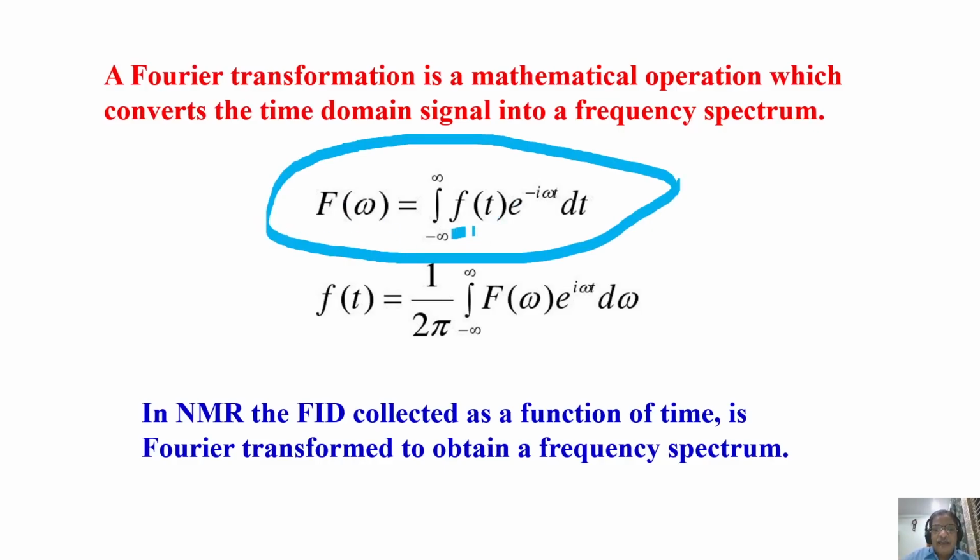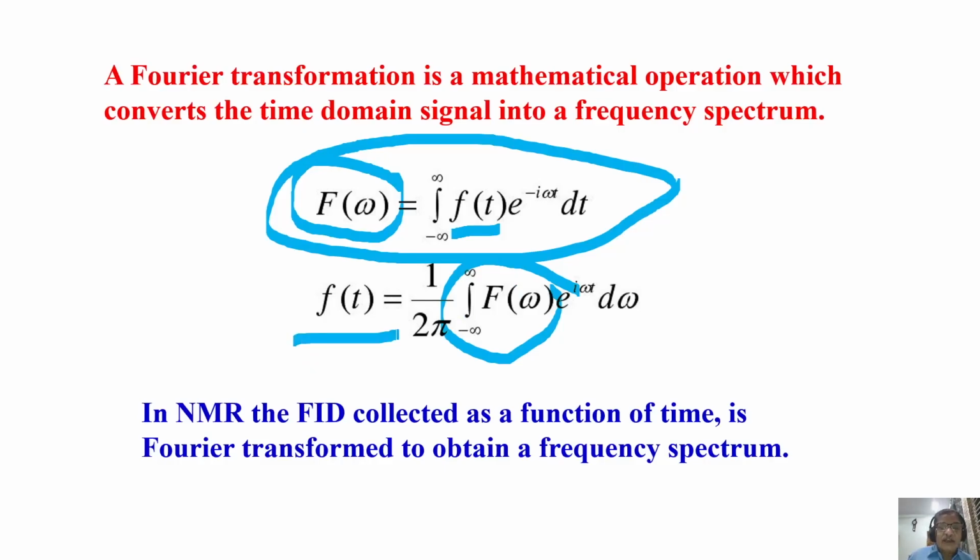You collect the signal as a function of time, do this mathematics, and then you will get all the frequencies present in it. Of course, you can do the reverse also. If I have a frequency domain signal, I can do an inverse Fourier transform and get the time domain signal. These are interchangeable. These are called Fourier pairs.